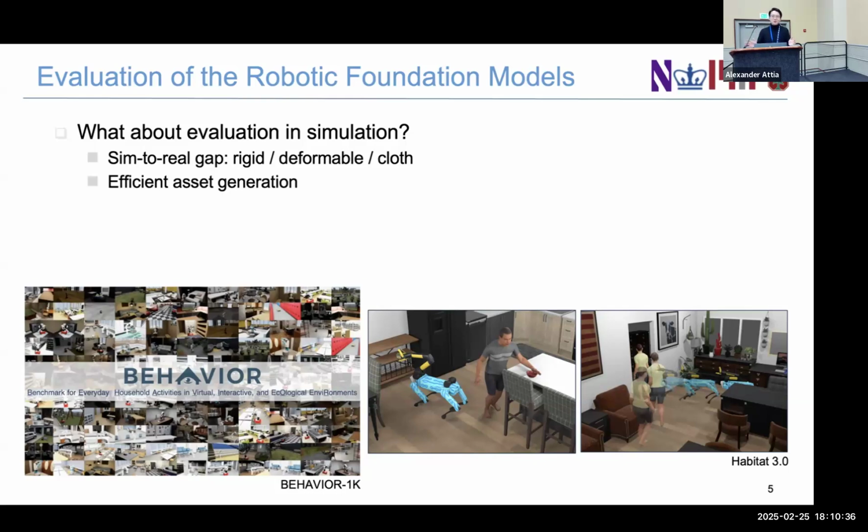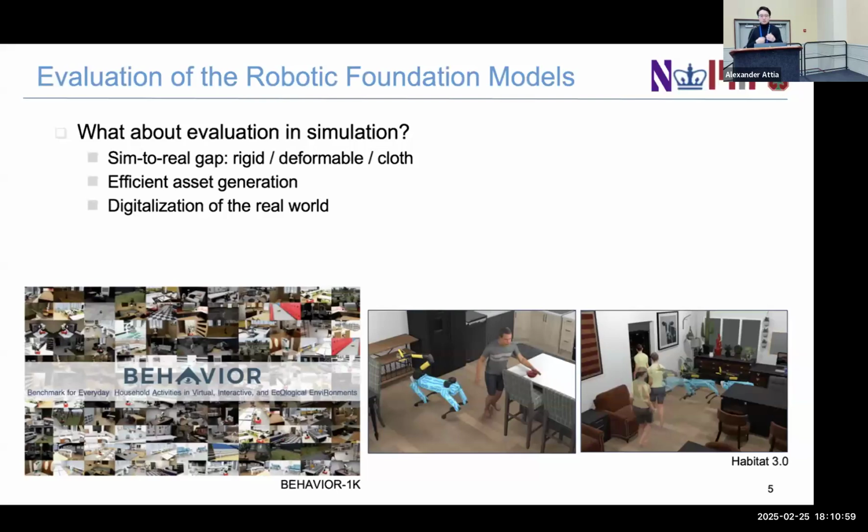Sometimes in robotics, you realize buying an object from Amazon is just so much easier than trying to create simulatable assets. I was actually involved in the BEHAVIOR project. Back then, we had an army of students labeling the assets, their mass, these physical properties, articulations, which was quite painful.